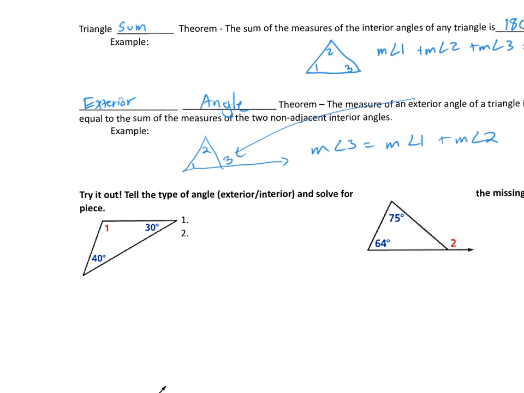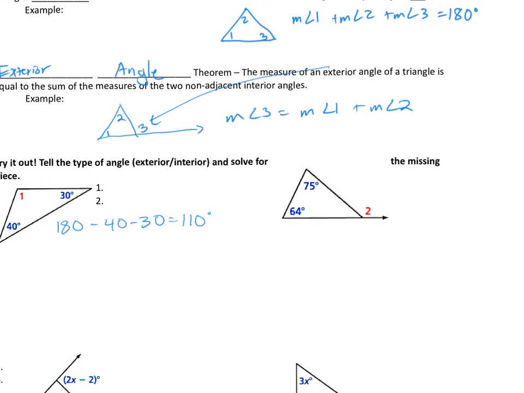Let's try some of these out to solve for this. I know that here, number 1, I got 40 and 30. All three of them have to add up to 180. So I'm going to take 180 and I'm going to subtract away 40. I'm going to subtract away 30 to find the angle measure, which is then equal to 110 degrees.